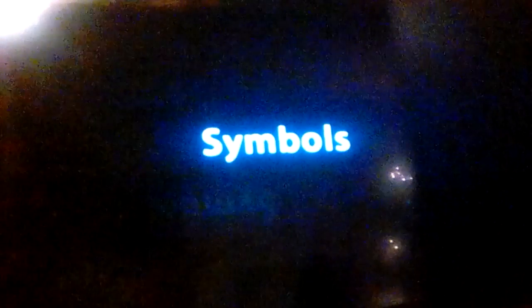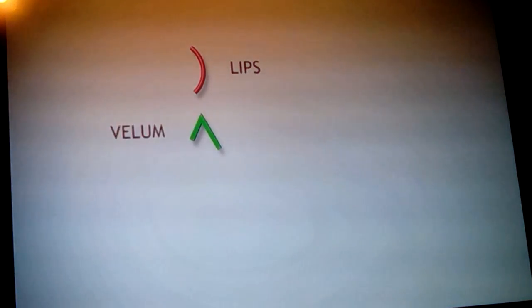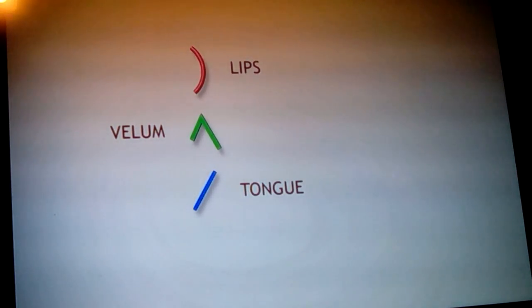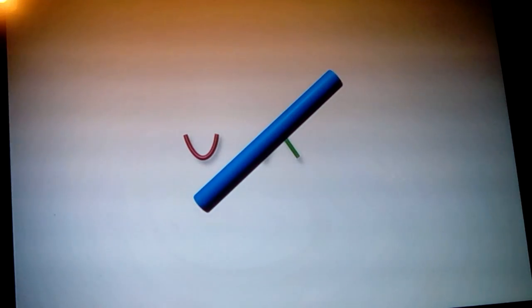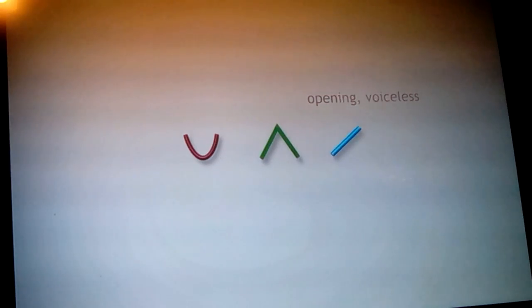So here we have 3 times 3 consonants, which could be seen as the basic building blocks of the sounds. So now I'm using 3 symbols to mark whether the sound is produced by the lips, the tongue, or the back of the mouth, and I'm using 3 symbols to mark whether it is the voiced ringing sound, or whether it's the unvoiced, voiceless sound, or whether it's the balance between these two.